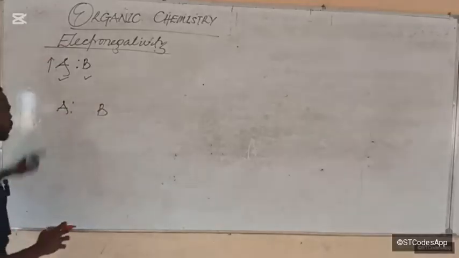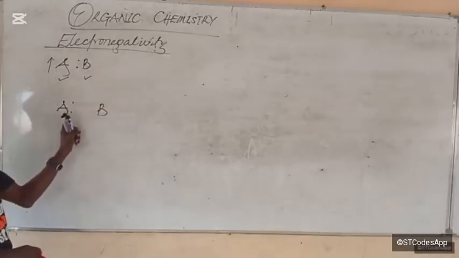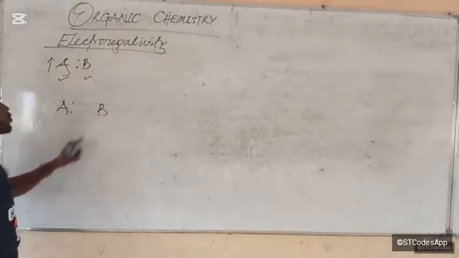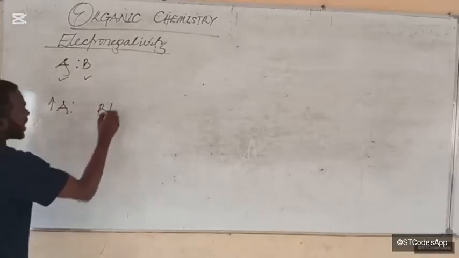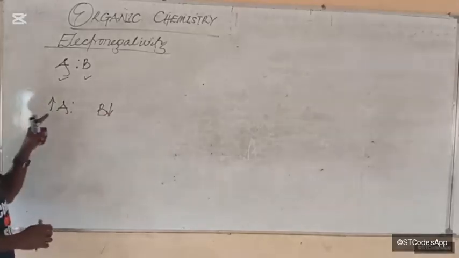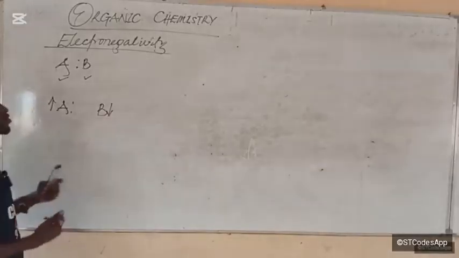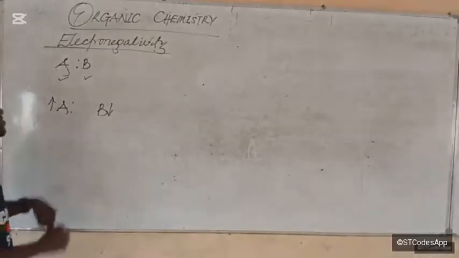Does this make sense? So you see that the electrons are spending more time with atom A, but not with atom B. This is because A has a higher electronegativity value, a high pull on electron density, while B has a low pull. They actually pull electron density, not just electrons. So that's why you can see this. The electrons are spending more time with this atom.